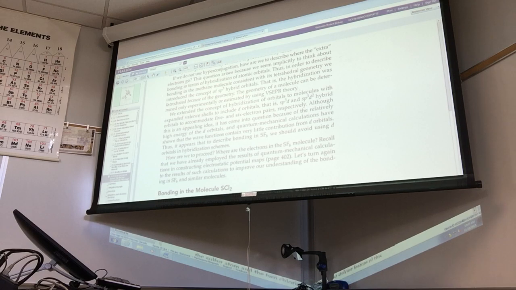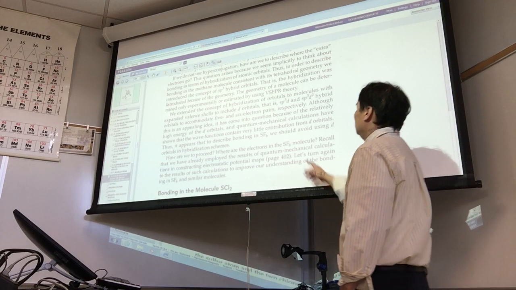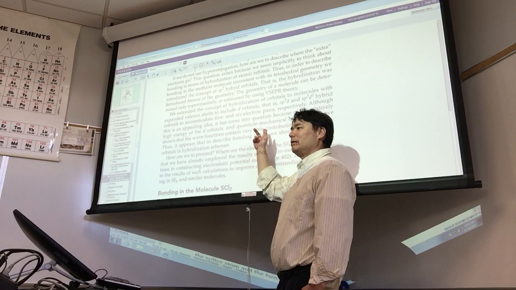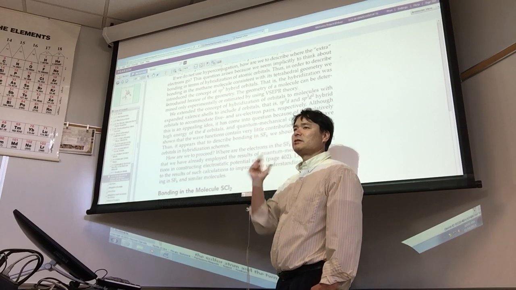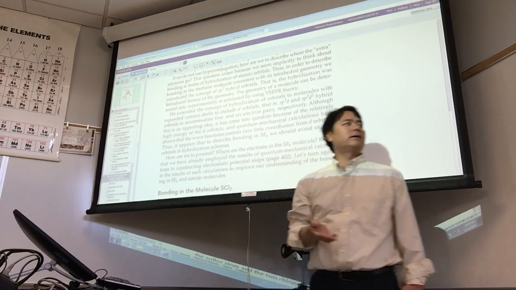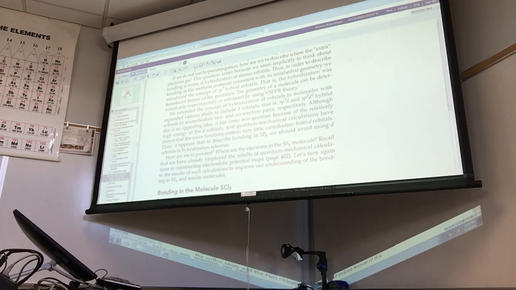Versus this, is there any contribution from d orbitals here? This is just plain sp3. And so what does this mean? Very little contribution. It didn't say no contribution, and it didn't say significant contribution, so the only way we can think of very little contribution is that it's going to be somewhere in here, where there is some charge delocalization due to the d orbitals, but it's probably not going to be one of these.